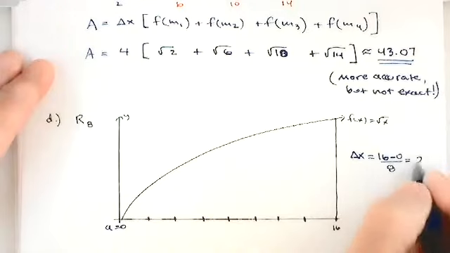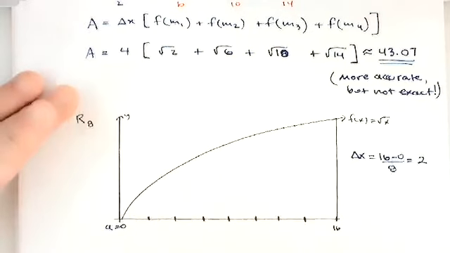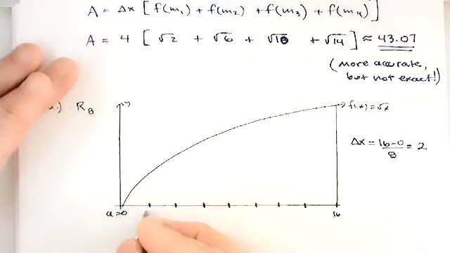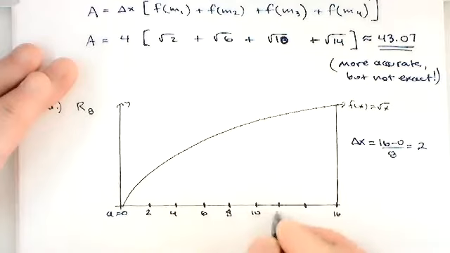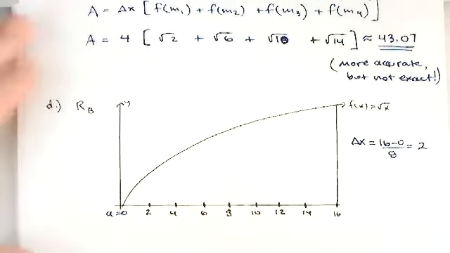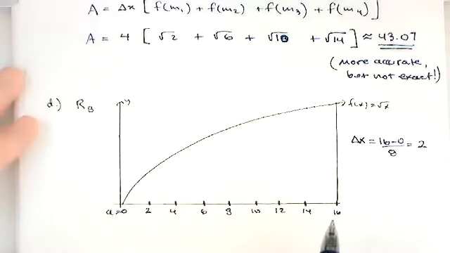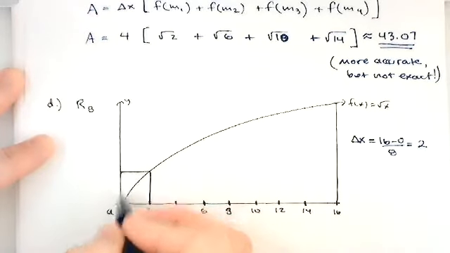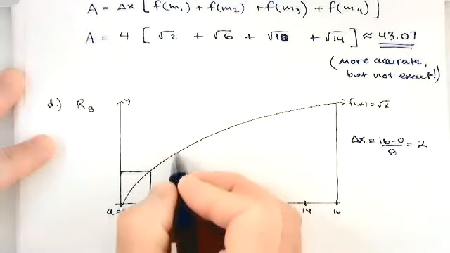Your delta x is going to be just 2. So this is 2, 4, 6, 8, 10, 12, 14, and 16. And if I use right-hand endpoints, I'll just try to sketch these in. You can start it and finish it later if you want. This takes a little while to do.